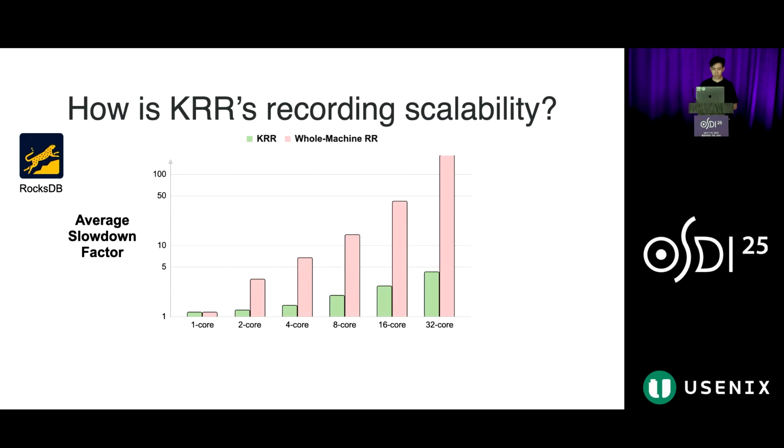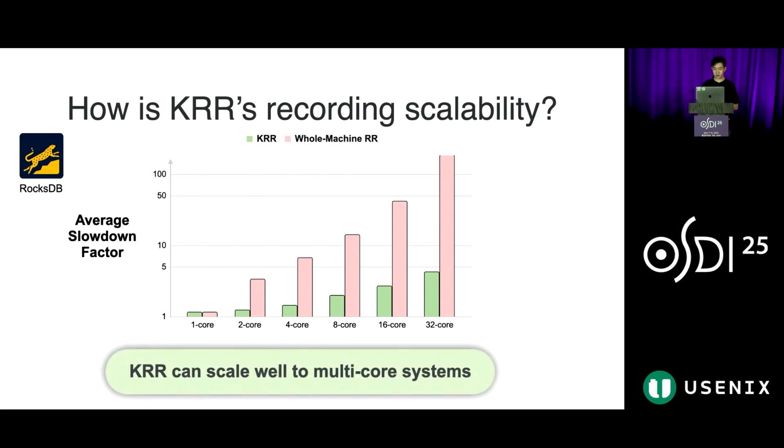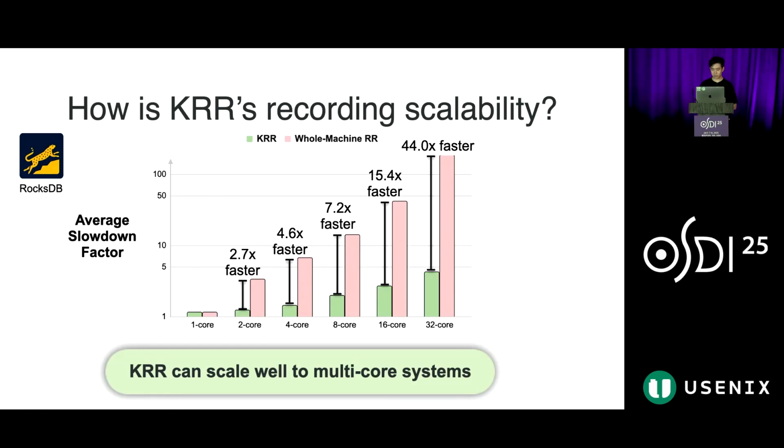And here is the average slowdown factor across different benchmarks from 1 core to 32 cores. The results show that KRR can scale well to multi-core systems. On multi-core systems, KRR is from 2.7 times to 44 times faster than whole machine RR.